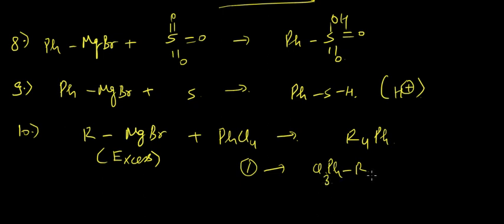So just remember in this reaction that this R minus will be acting as a nucleophile, and the Ph in the intermediate would have a partial positive charge, but this reaction obviously has the unstable vinyl cation, but this reaction has to take place when we provide this in excess.